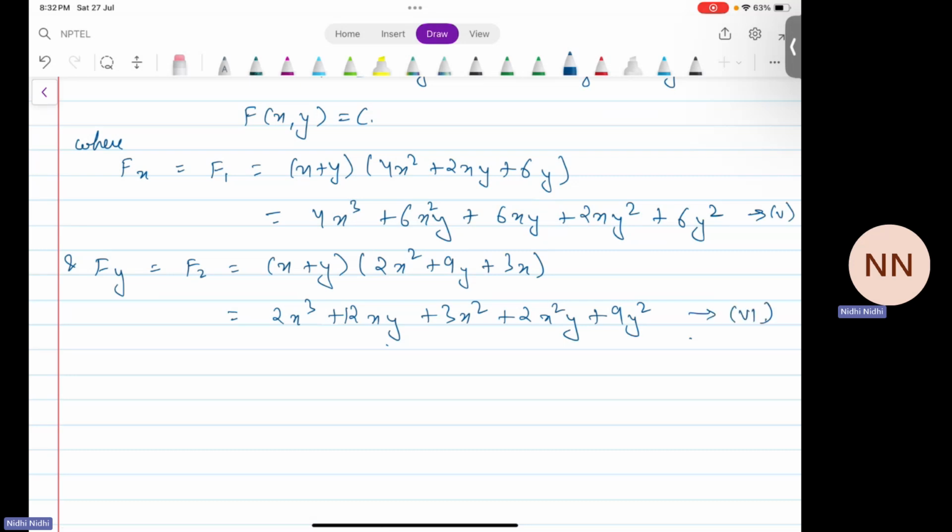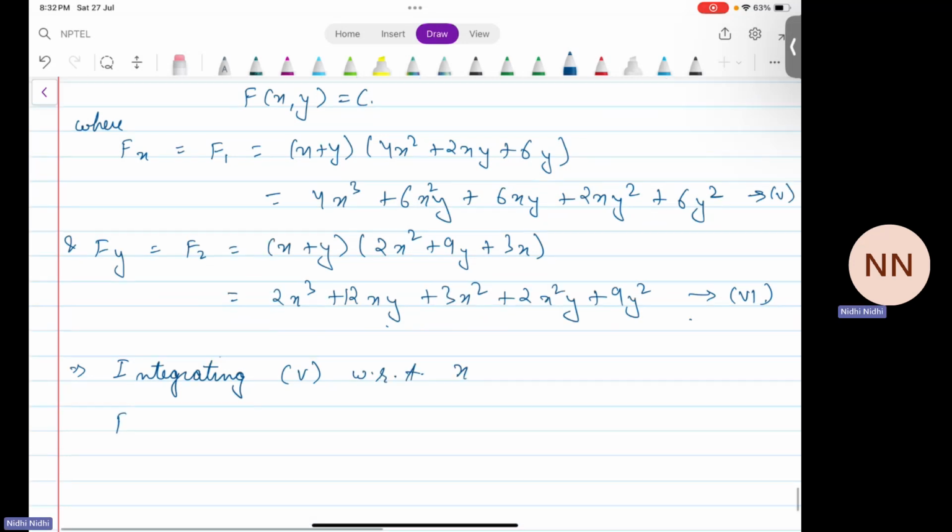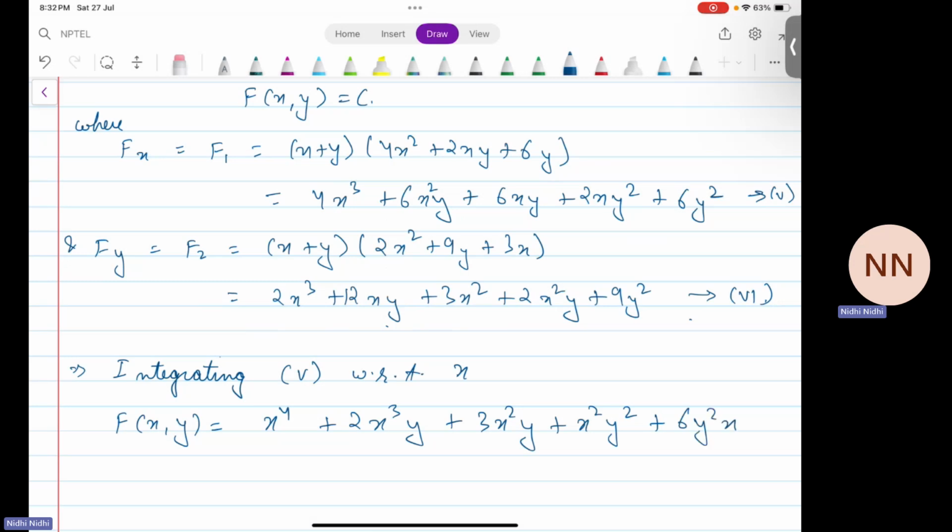Now integrating equation fifth with respect to x, we get f(x,y) is equal to x power 4 plus 2x cube y plus 3x square y plus x square y square plus 6y square x plus some function g of y.